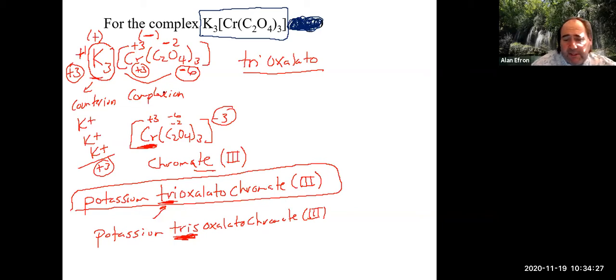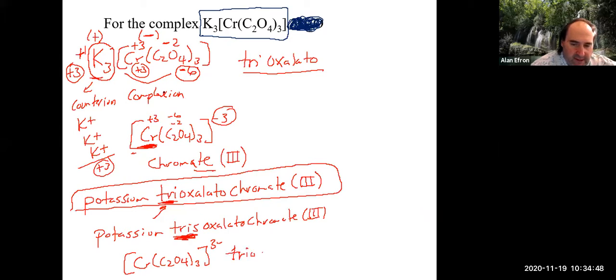In relationship to this, if you were given just the complex ion part, for example just this one, and you wanted to name it, you would just use the back part of the name.